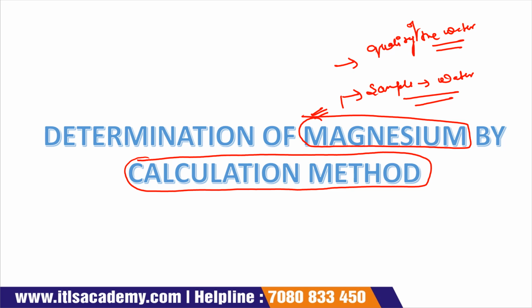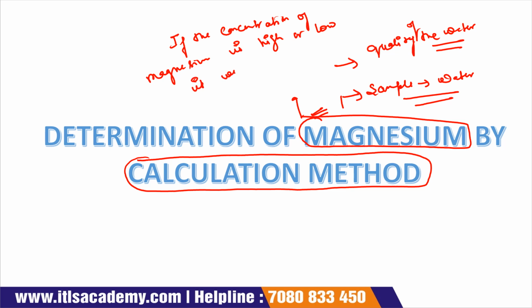If the concentration of magnesium is high or low, then it will lead to total hardness in the water, especially drinking water.